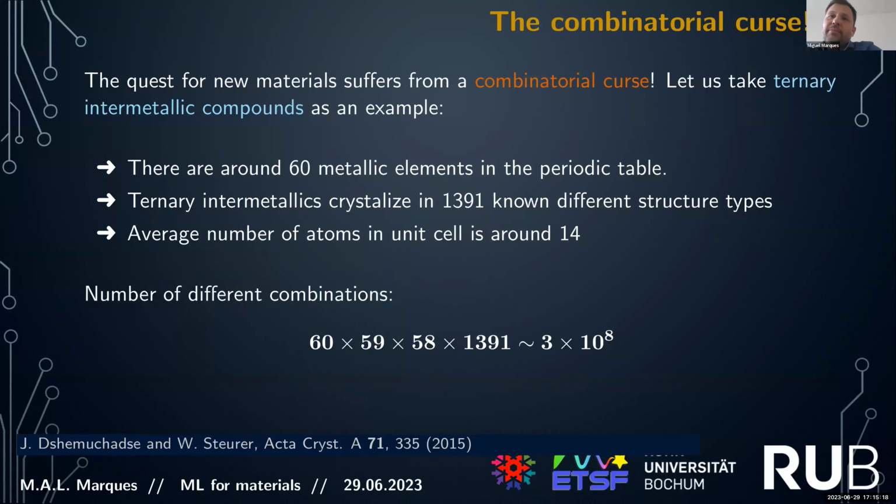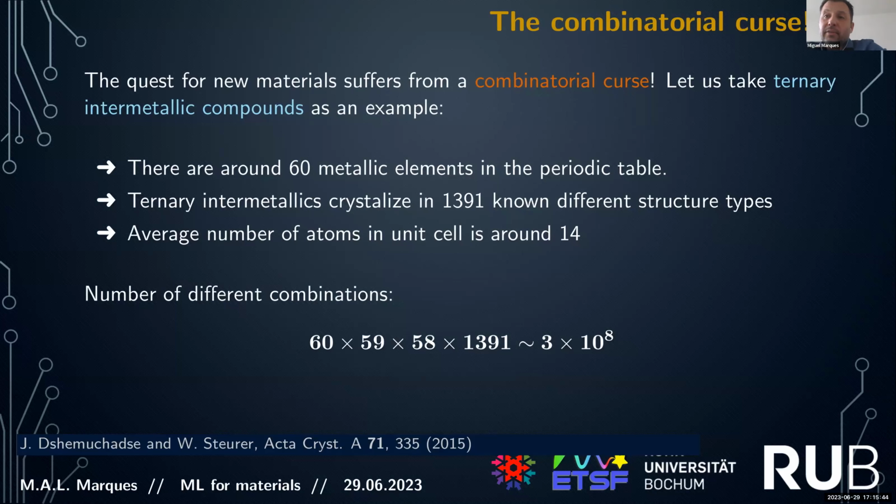Now, if I do the number of different combinations for ternary intermetallic compounds, I get this nice number, 3 times 10 to the 8. These are the number of intermetallic compounds I would have to study if I wanted to study these 1,400 crystal structures. This number is obviously very large, and we cannot do 3 times 10 to the 8 density functional theory calculations.